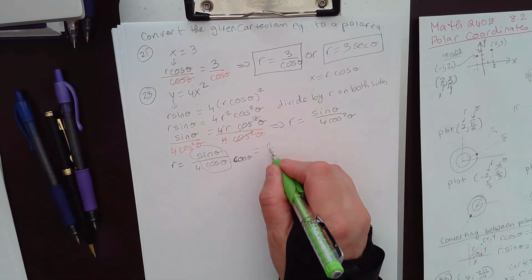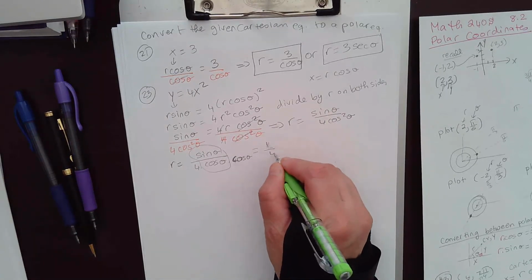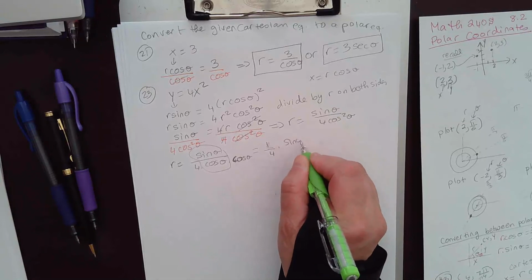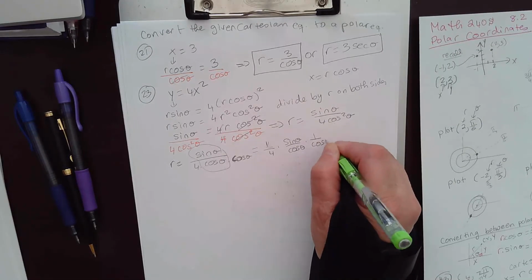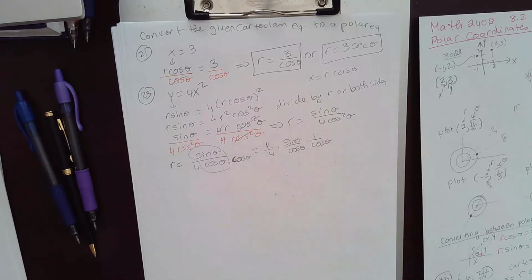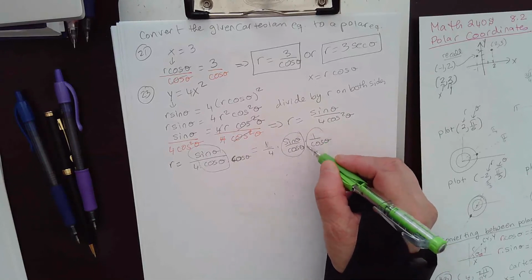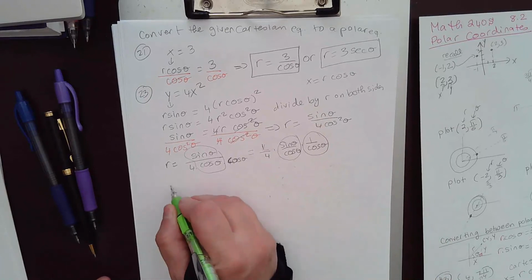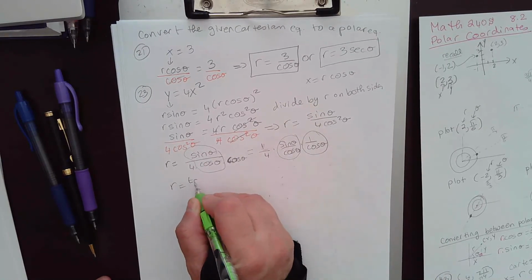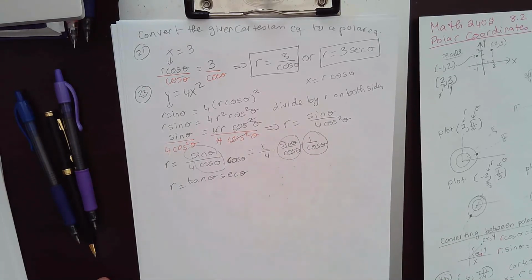So 1 over 4 sine theta over cosine theta, I'm separating them, times 1 over cosine theta. That's the same as you have here. So this gives me a tan theta, and this gives me what? A secant theta. So r is what? Tan theta secant theta divided by 4.